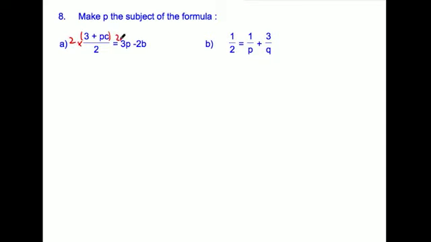Multiply by 2 throughout. Thus cancelling the denominator, giving 3 plus pc. Here we have 6p minus 4b. Since we want to find p, we remove 4b, add 4b.